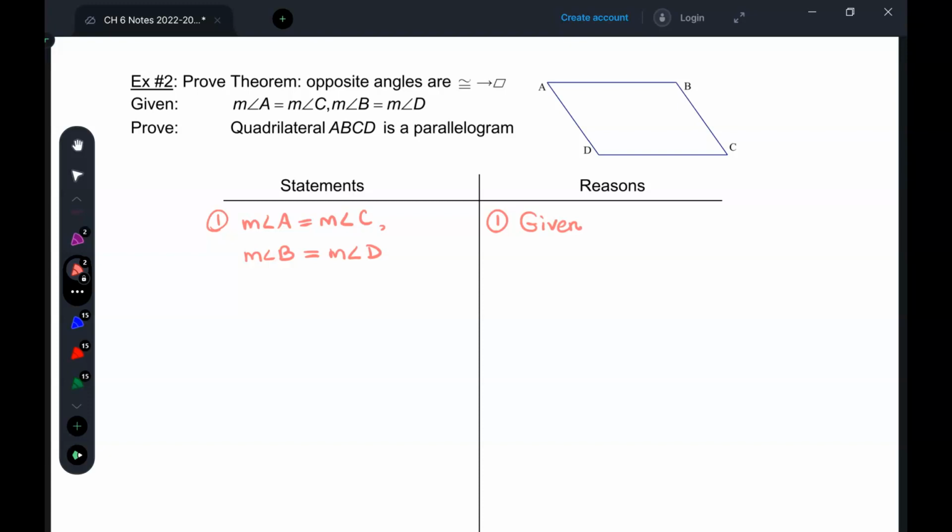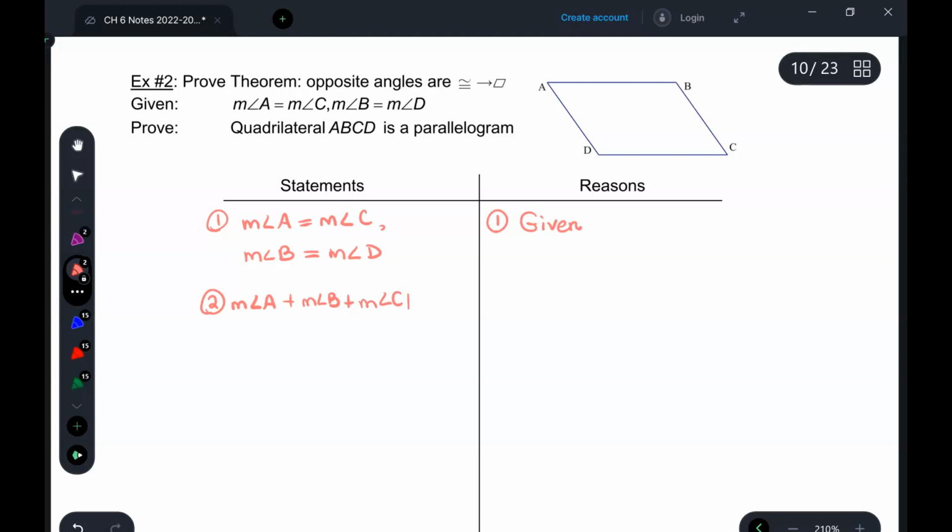What do all four angles in a quadrilateral have to add up to? 360. So I'm going to say measure of angle A plus measure of angle B plus measure of angle C plus measure of angle D, running out of room, equals 360. That's the sum of interior angles, or actually, I think it's a theorem.